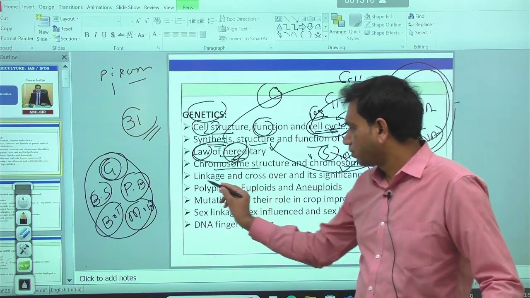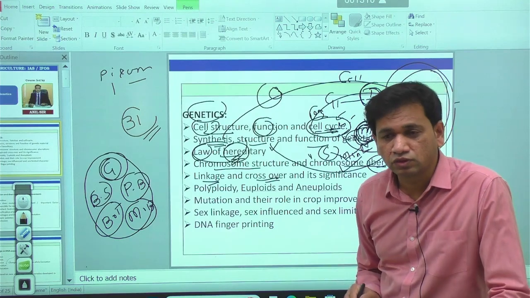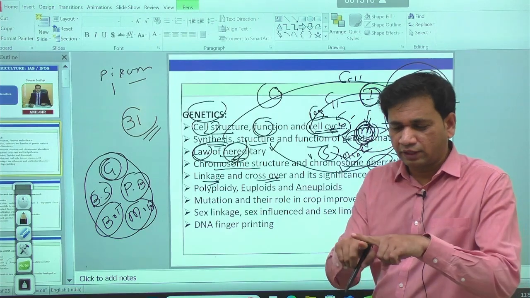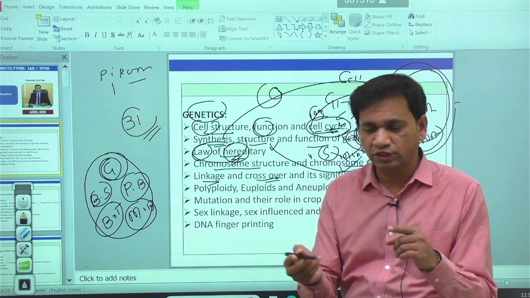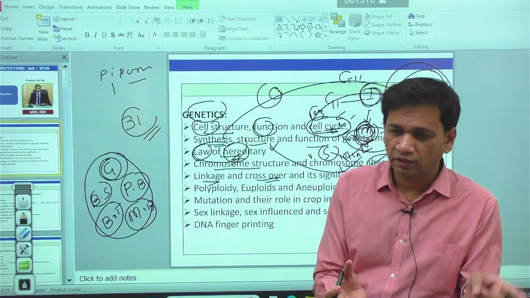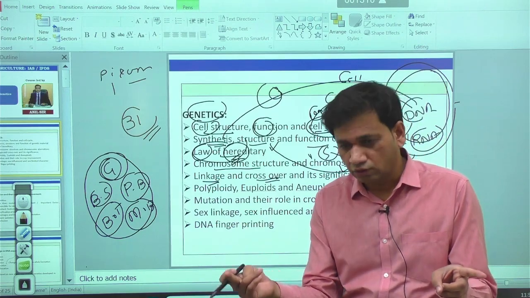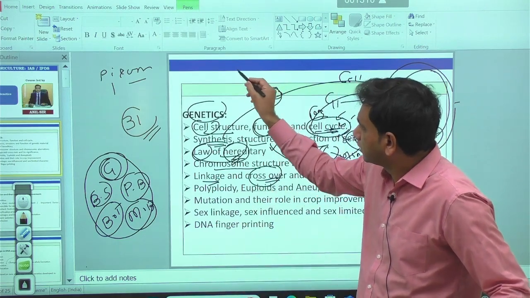Then we have the linkage, a 10 marks question. Again we have the chromosomal crossover, right? At the time of pairing, from the normal chromosome to the recombinant chromosome, exchange of some segment can be possible. Due to the crossover, development of new gene combinations can be possible.